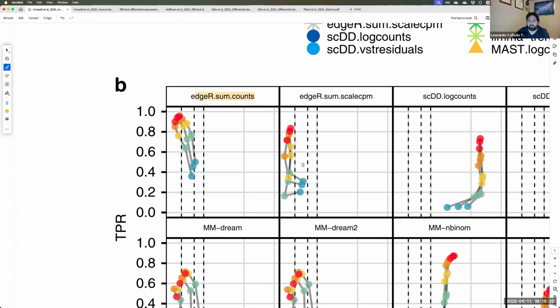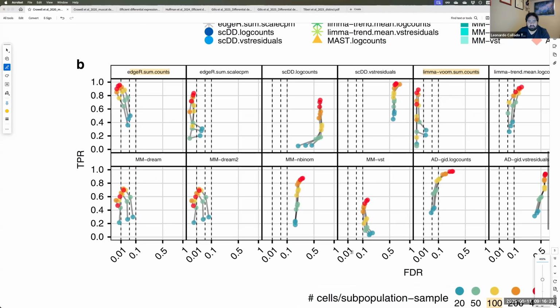Yes, increase a little bit, but not that much. And so boom over here, some counts, the 3 blue points are actually much further below the EdgeR points in terms of the true positive rate on the y-axis. And then even the yellow points, some of them have a pretty low true positive rate over here.